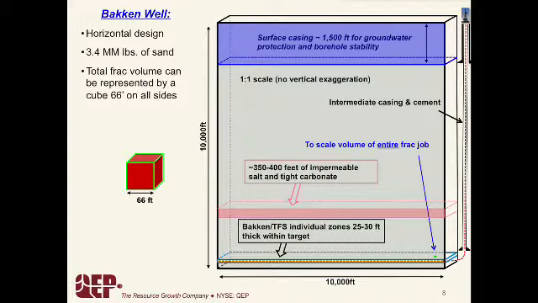And again, pointing out to you the total volume of fluid that we pump in a Bakken well to scale down in the lower right-hand corner there, a very, very small volume of water being pumped into the ground, and obviously a lot of casing and a lot of protection of the groundwater going vertically.